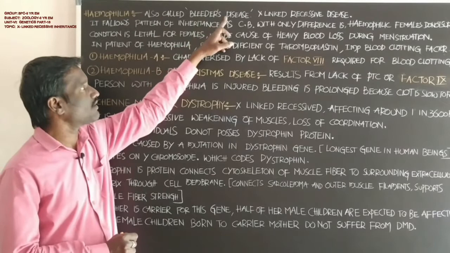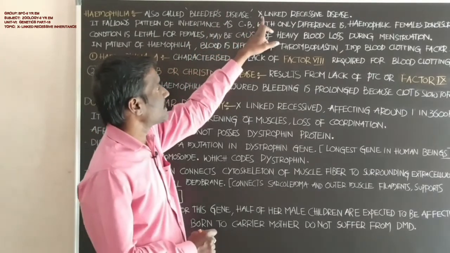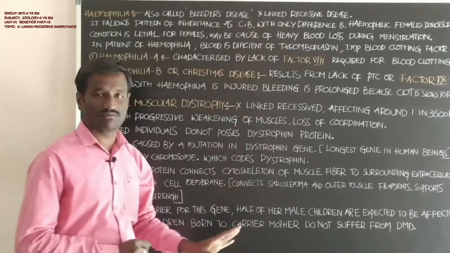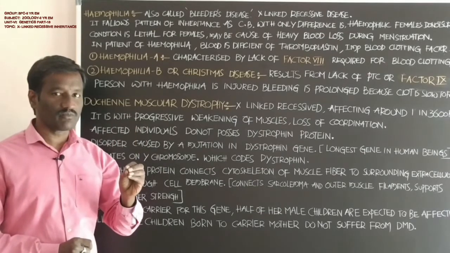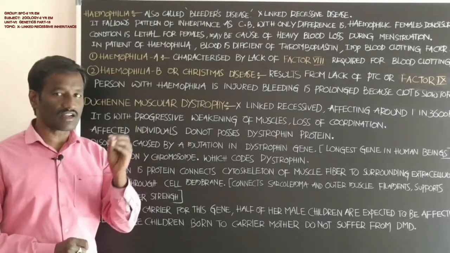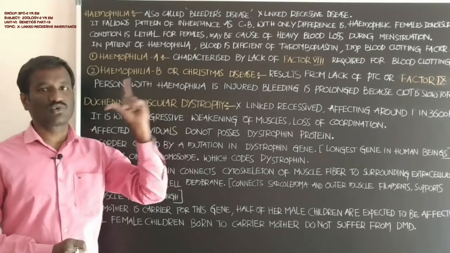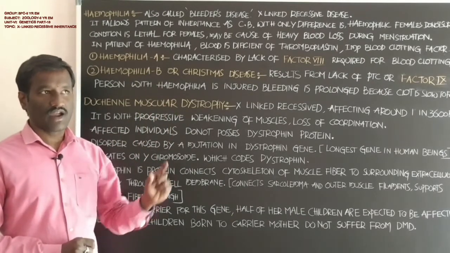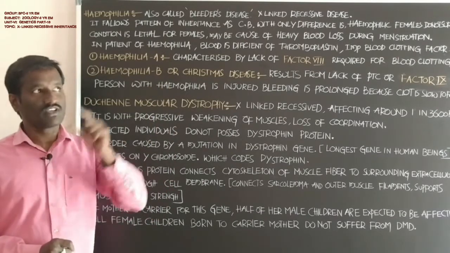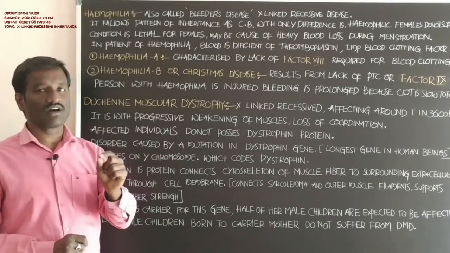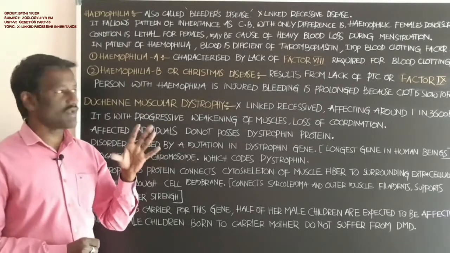Hemophilia is also called bleeder's disease. It is an X-linked recessive disease. The mutant gene, or the recessive allele, is present on the locus of the X chromosome and is inherited by the offspring from the parents, which causes the disorder, hemophilia, like color blindness.